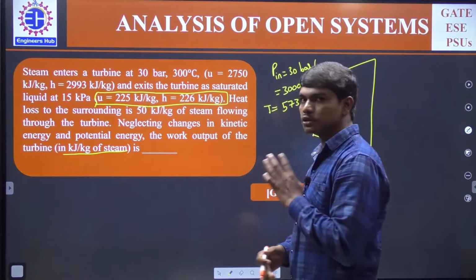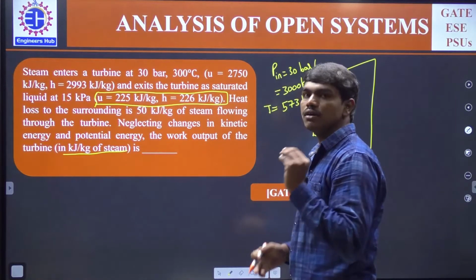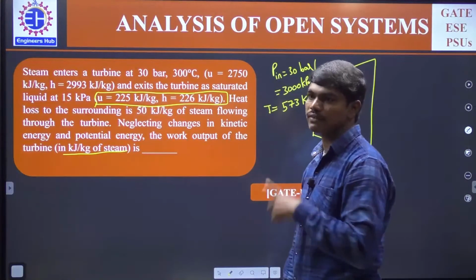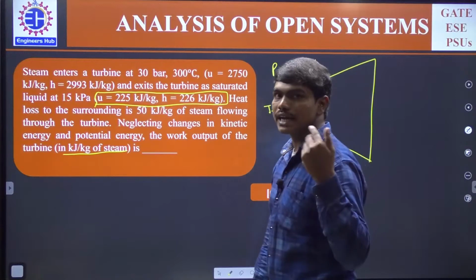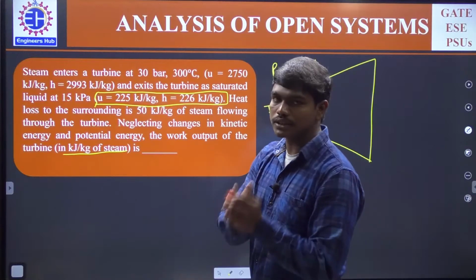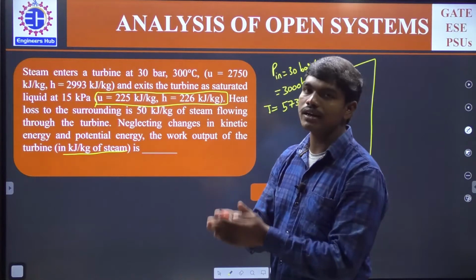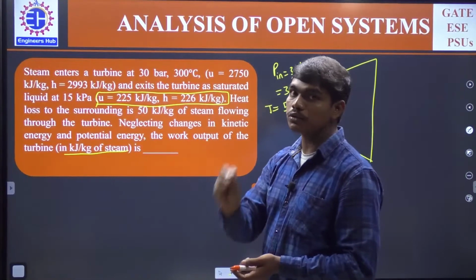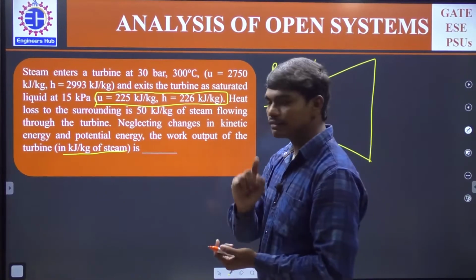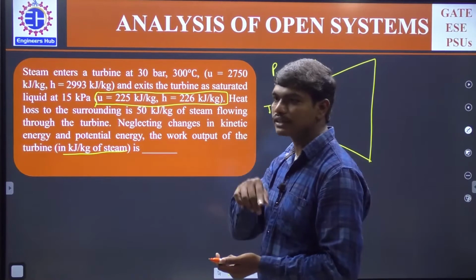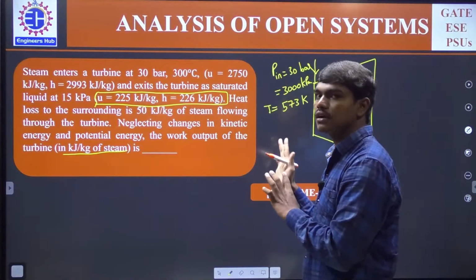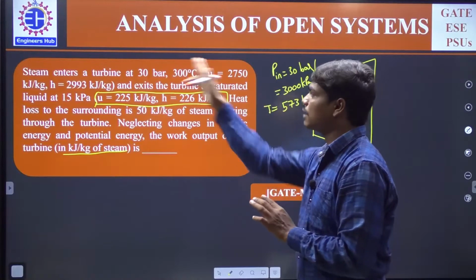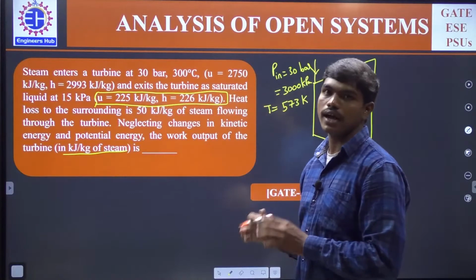Practically, you should write 573.15, but since 0.15 is very small when compared to 573, I am neglecting that 0.15. In thermodynamic scales, temperature in degrees centigrade should be converted into Kelvin by adding 273.15. We have seen that in the 0th law of thermodynamics when discussing temperature scales. So 573.15 is the actual answer, but since this 0.15 is very small when compared to the figures present here, I am neglecting that.